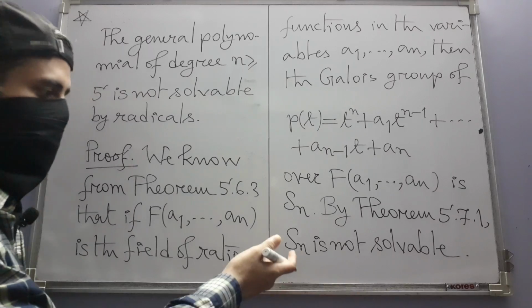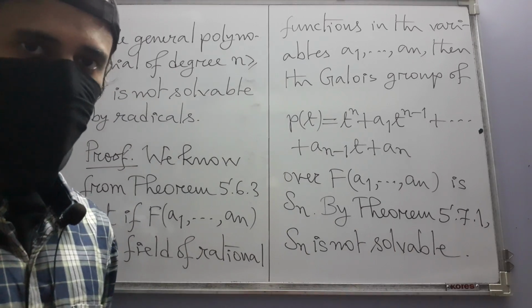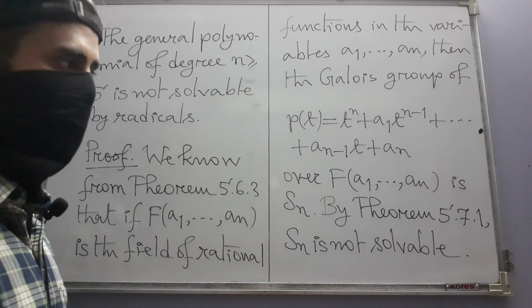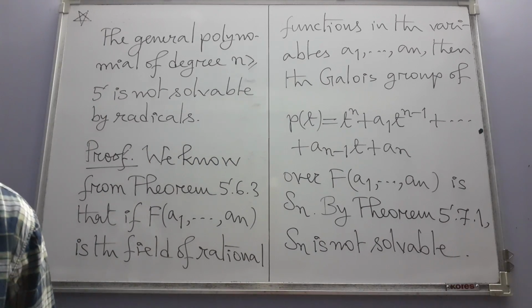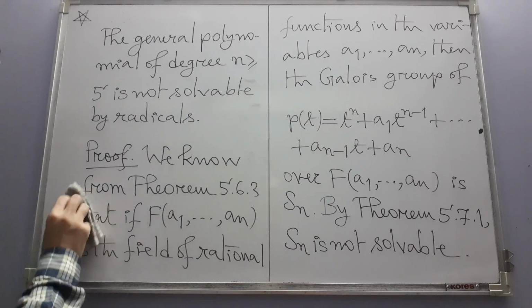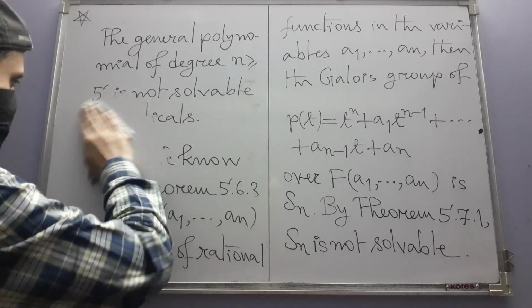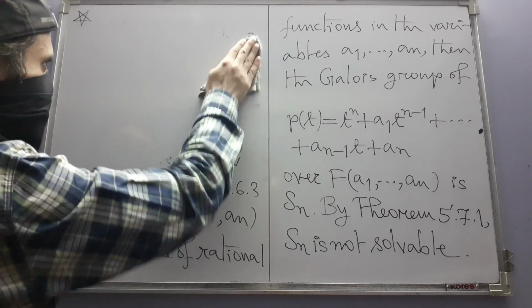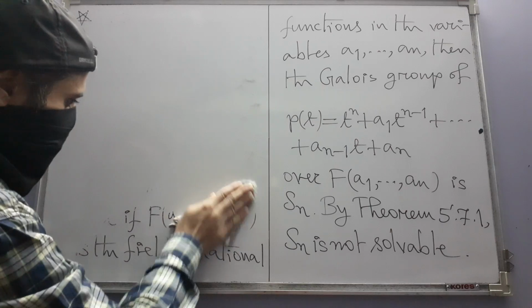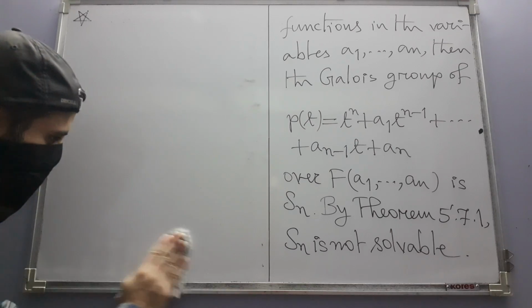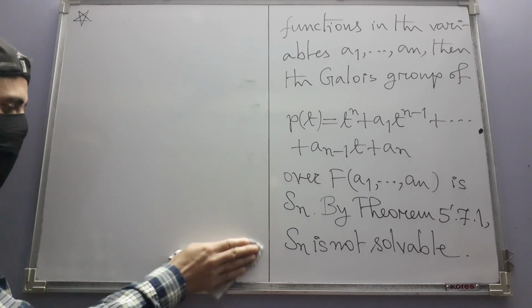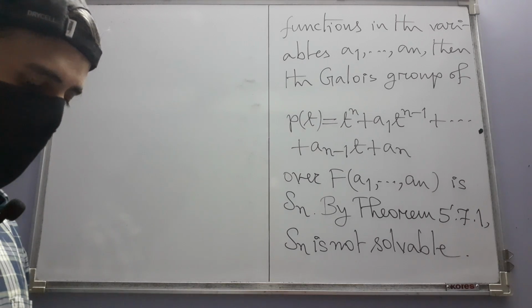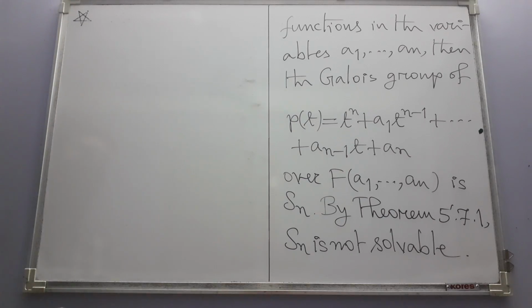If you want, you can mention for all n greater than or equal to 5, but because n is of that type, I am not repeating that again. So I simply write that S_n is non-solvable. But then of course, by the previous theorem, the one that we proved in the previous video, our polynomial cannot be solvable by radicals over the field of rational functions. And that theorem of course is 572.